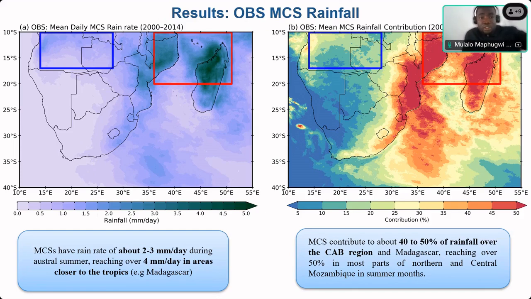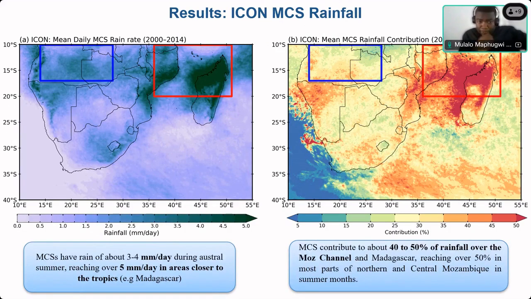But how does this compare with the ICON model? Well, when it comes to the model, the contribution of these systems is similar over the east, where you have a high contribution of over 50% of the daily rainfall for the austral summer season.